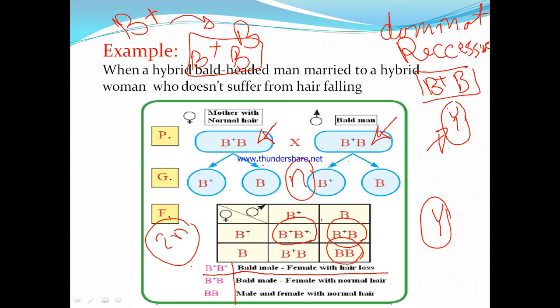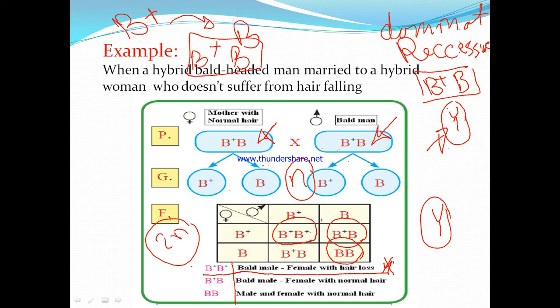But the female has no Y chromosome, so she is affected by the presence of the pure dominant allele but without the presence of Y. So the bald head does not appear in the female, but appears as hair falling, because she carries the pure dominant allele.